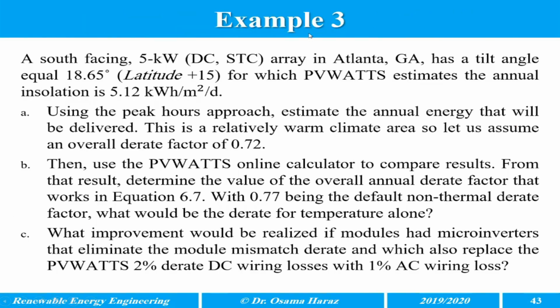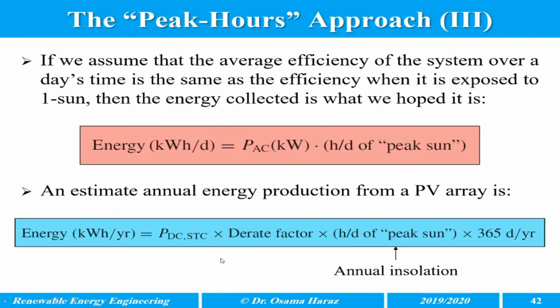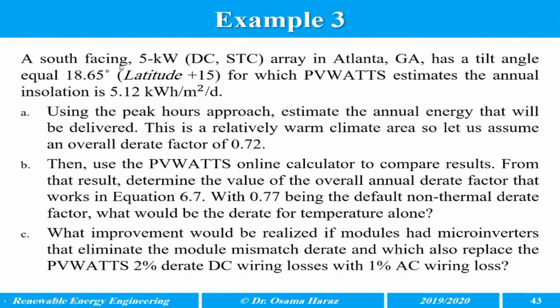Okay, let's take Example 3, and this will show you how to use these equations. A house facing south has a 5 kilowatt DC at STC conditions array in Atlanta, with a tilt angle equal to 18.65 at a latitude of 15 degrees, for which PVWatts estimates the annual insolation of 5.12 kilowatt hours per meter squared per day.